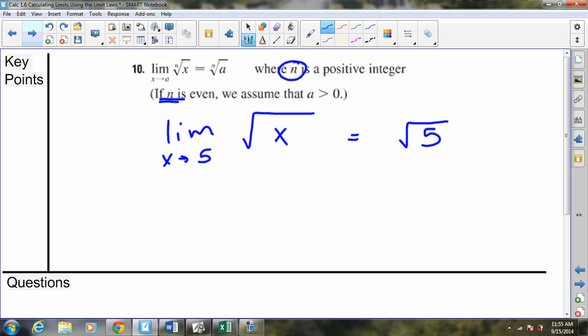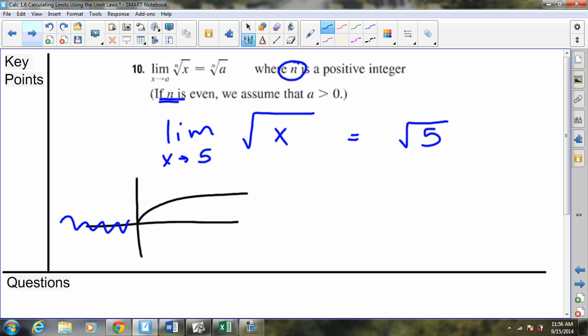Big reason why, of course, is if we are doing a square root, can you plug in the negatives? Nope. That would give us the complex number i. We're not working with complex number i. So if you have an even powered root, so a second root, a fourth root, a sixth root, in order to avoid taking square roots of negatives, we're assuming that all of this is being done with positive roots.